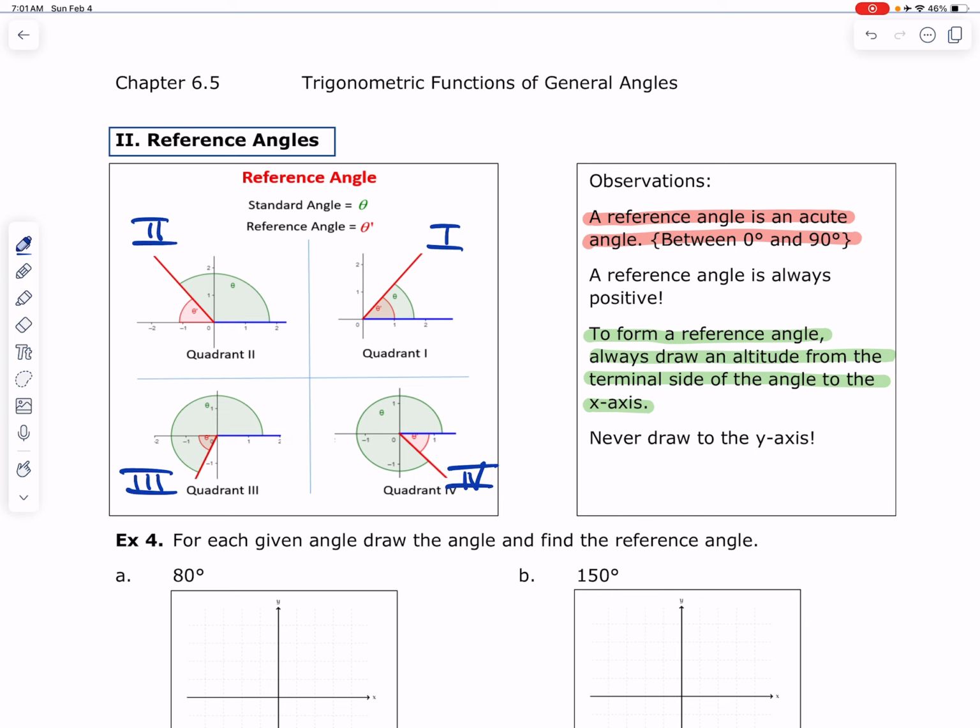In quadrant 2, notice that my green angle, my standard angle, puts us in quadrant 2, but our reference angle is the angle made with the x-axis. Reference angle is always made with the x-axis.